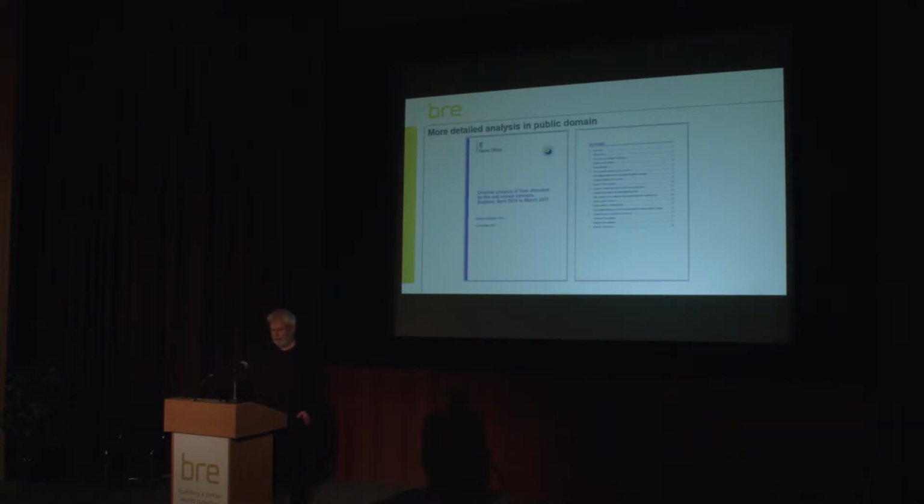If you need more detailed analysis, then there are occasional publications which break things down into more detail. So an example here of the contents: looking at things like fatalities in more depth, where they occurred and why.